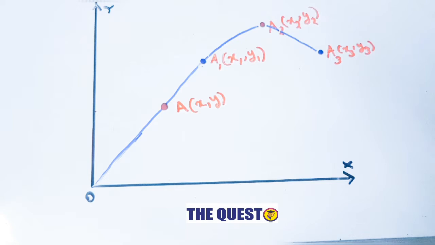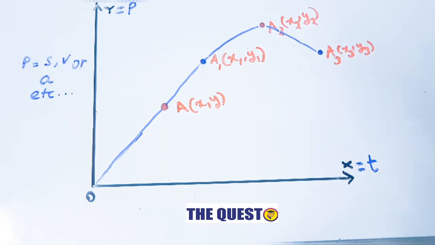Thus, different graphs in one-dimensional motion can be obtained by taking the time along the positive x-axis and the one-dimensional physical quantities along the y-axis.